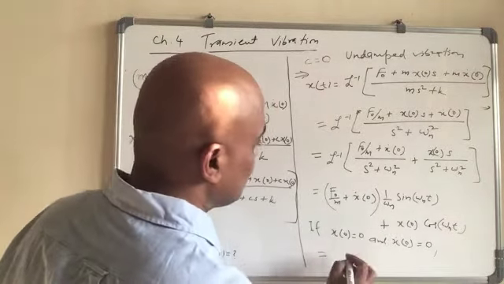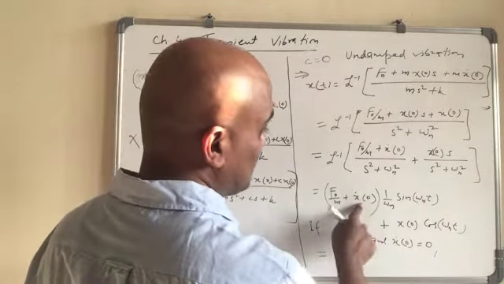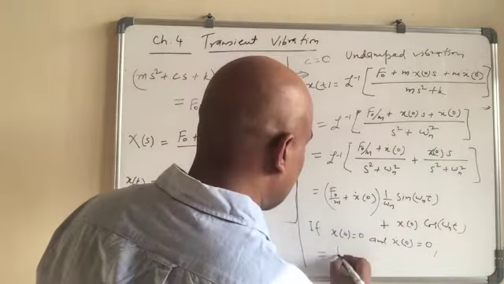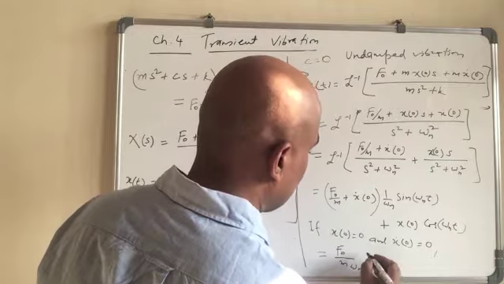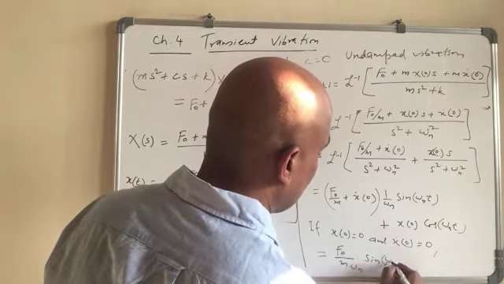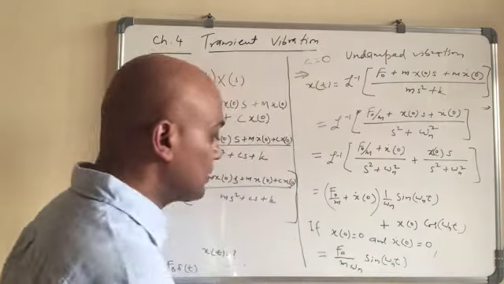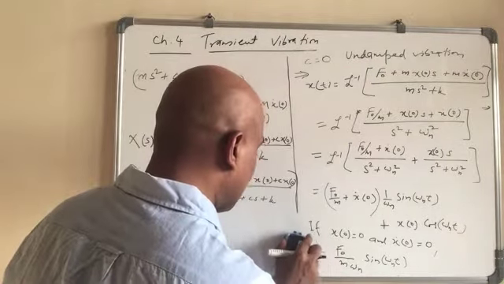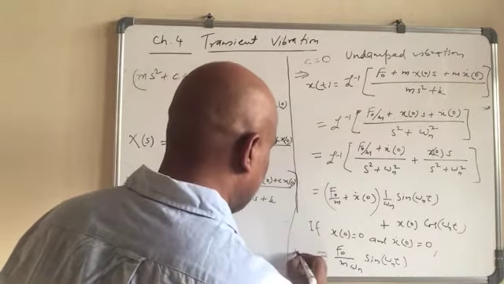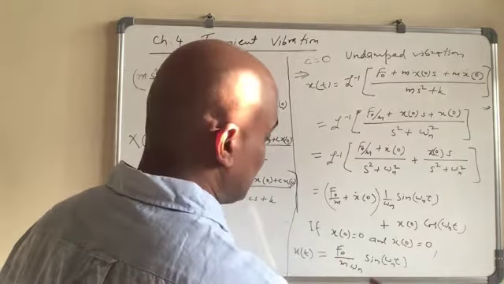This term is 0, this term is 0, and what you get is F naught over m omega n times sine omega n t. So we get x(t) equal to this.